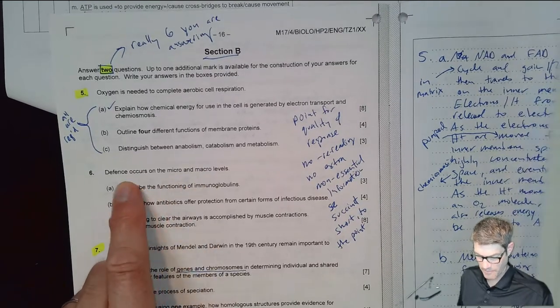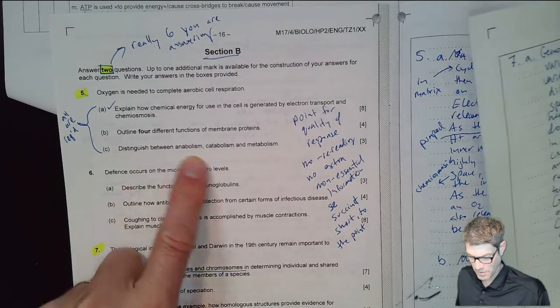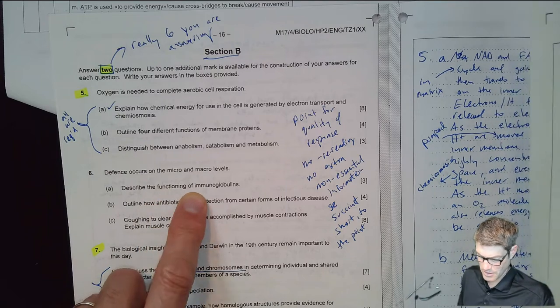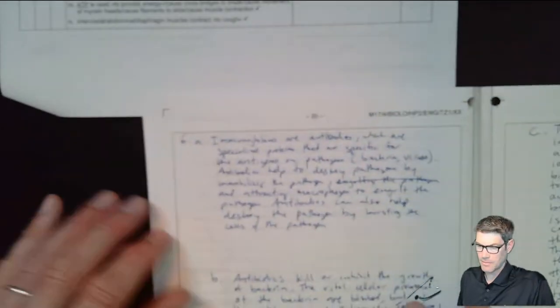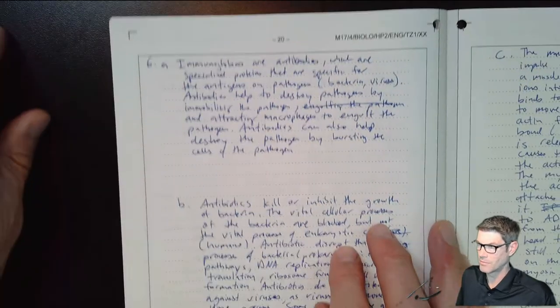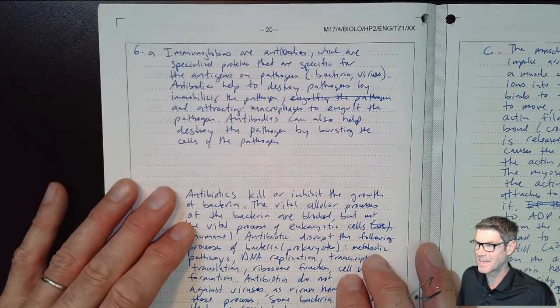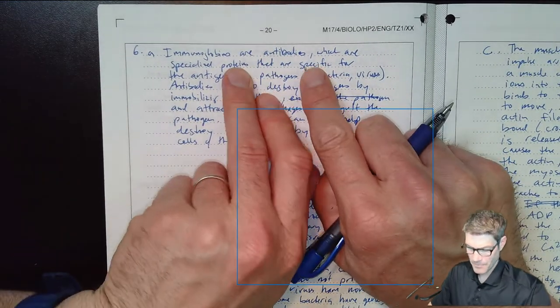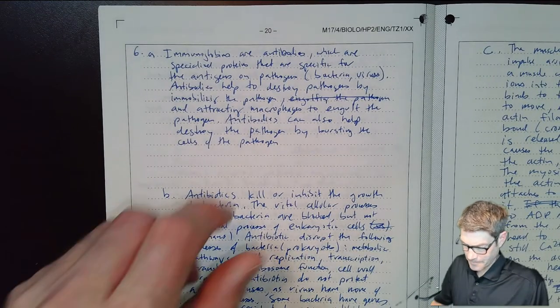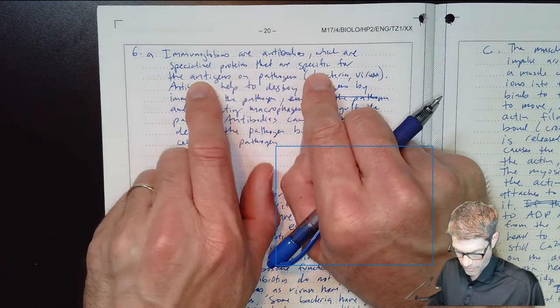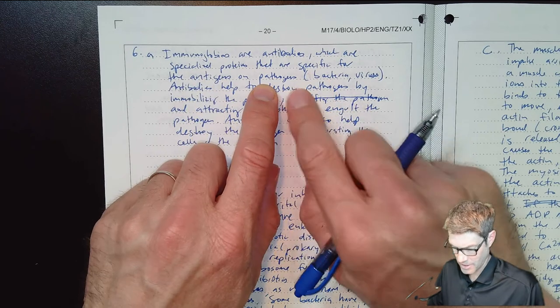So the first thing, defense, your body defending itself, occurs on many levels. First one is describing immunoglobulins, which are antibodies. I just stated they are antibodies, which are specialized proteins that are specific for the antigens on a pathogen.